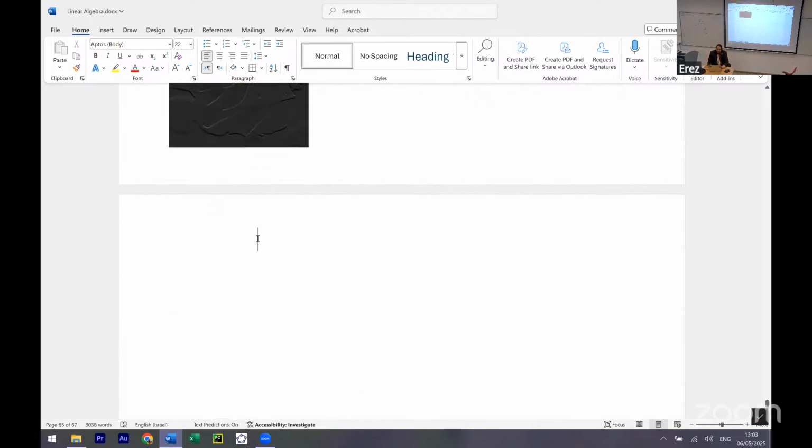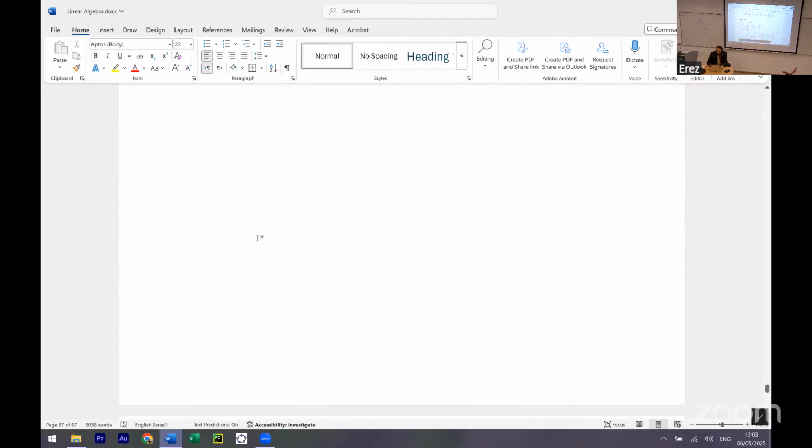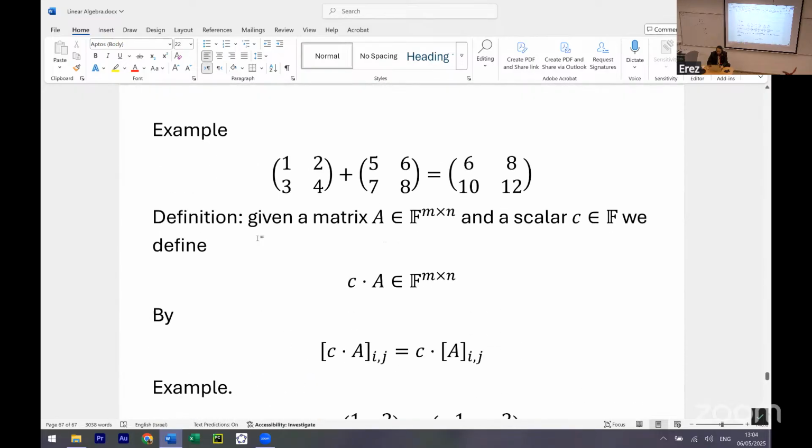The next thing we are going to study is a part, and just to make sure, I've shown you addition and multiplication by a scalar, right? Yes, there it is.